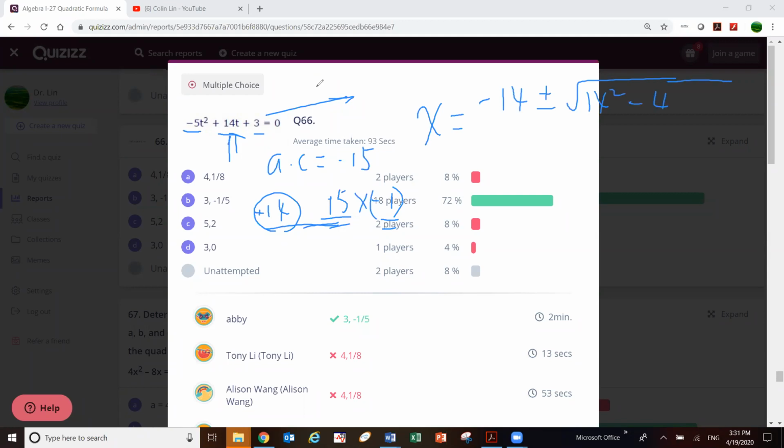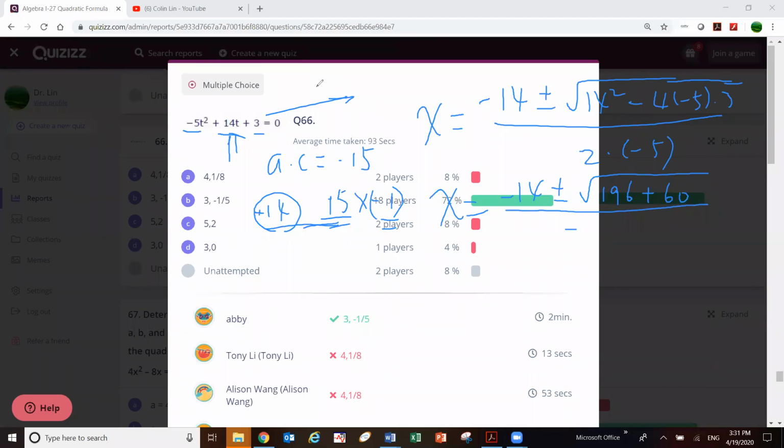So x equals -14 plus or minus the square root of 14 squared minus 4 times -5 times 3, over 2 times -5. 14 squared equals 196, plus 60, so 256.